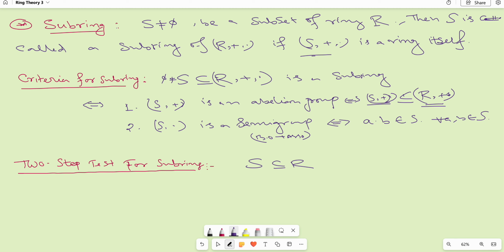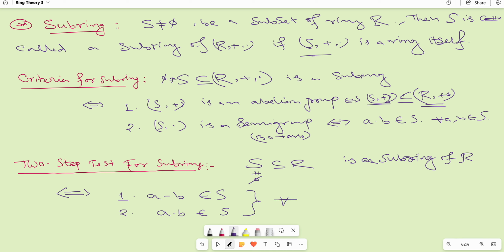S is a subring of R if and only if, equivalently, first, a minus b should be in S, and second, a dot b inside S. This should happen for every a, b inside S.